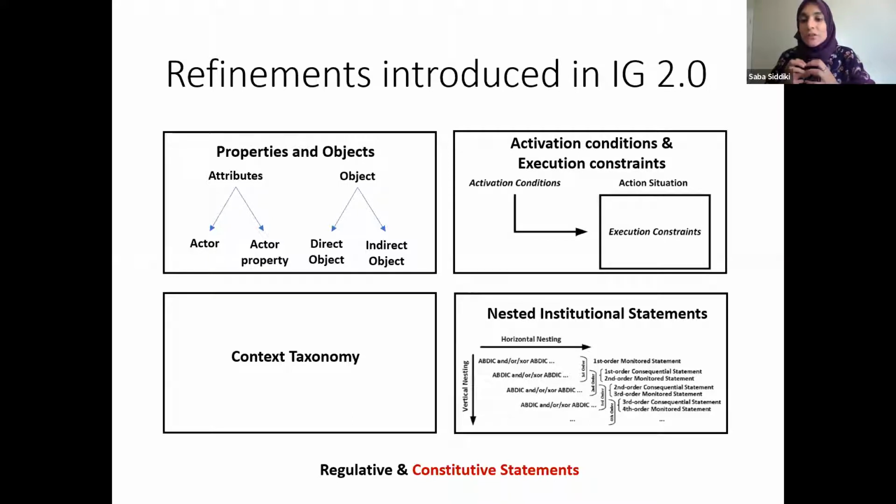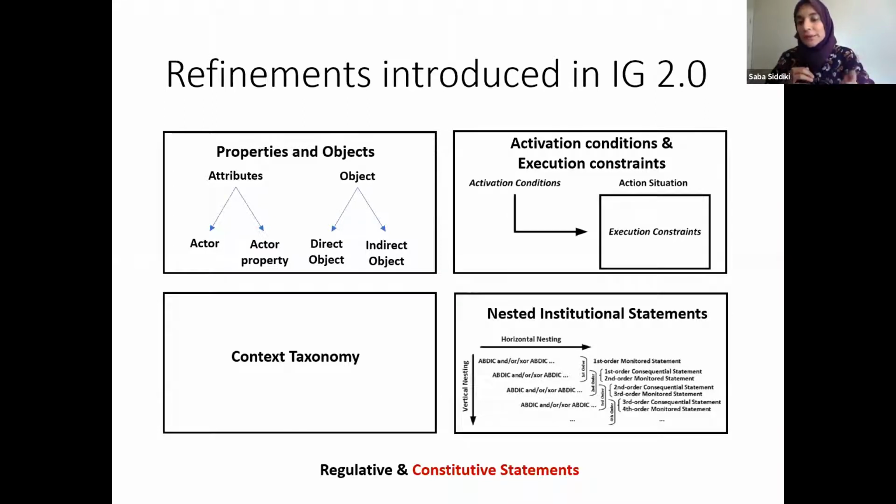Fundamentally, we've changed the conceptualization of the or else in the IG 2.0 in recognition that the information that we would tend to see in that field, in fact, tended to represent an entire institutional statement. And I'll give an example of this in just a moment.